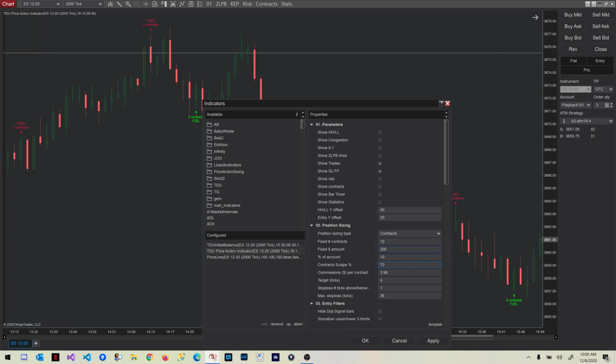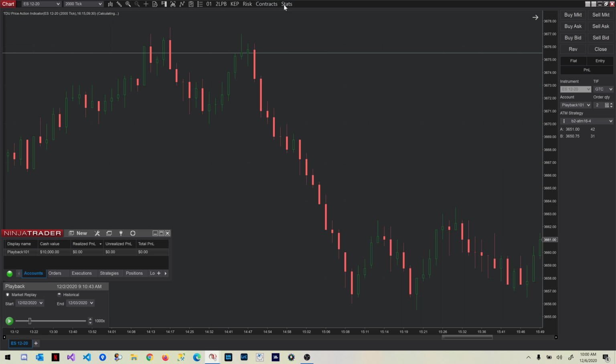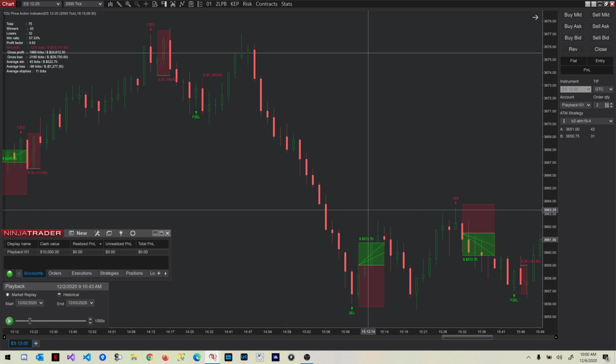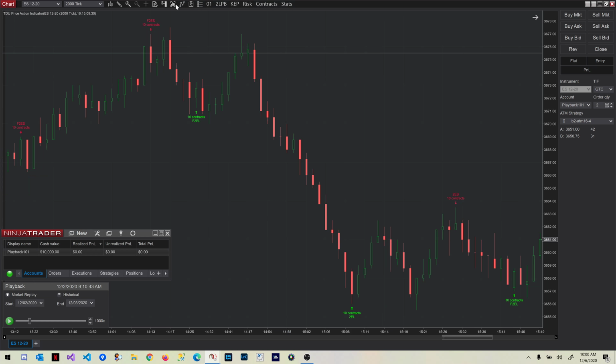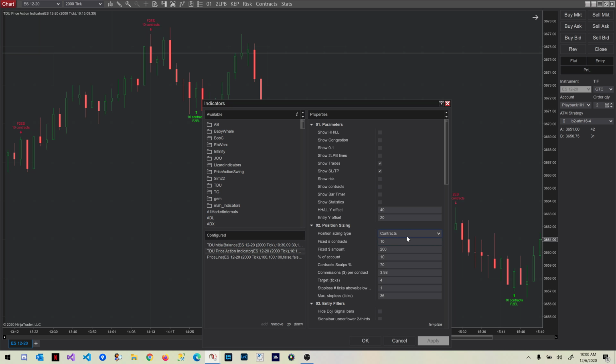So you can play with this, and of course in the statistics it will use those settings. So with 10 contracts, 7 contracts will be out at 4 ticks, and the other 3 when the runner ends. That's the basic version, and I think most people will trade that way, just using a fixed number of contracts.